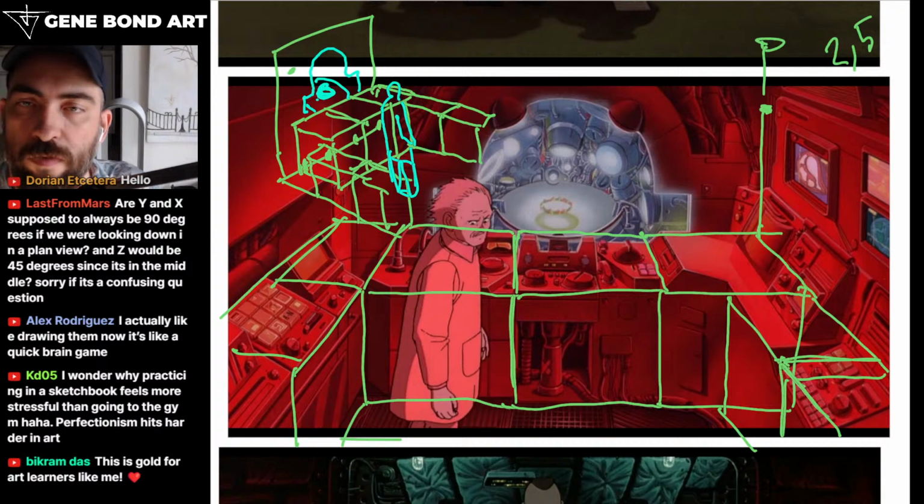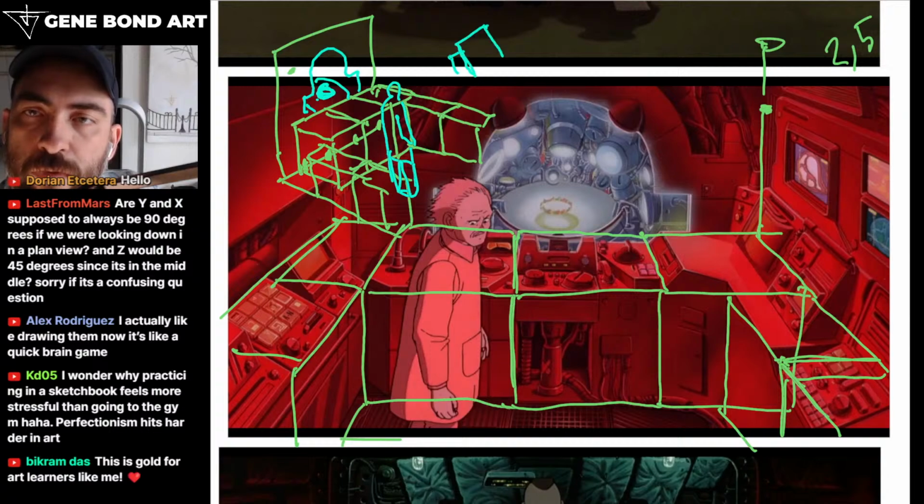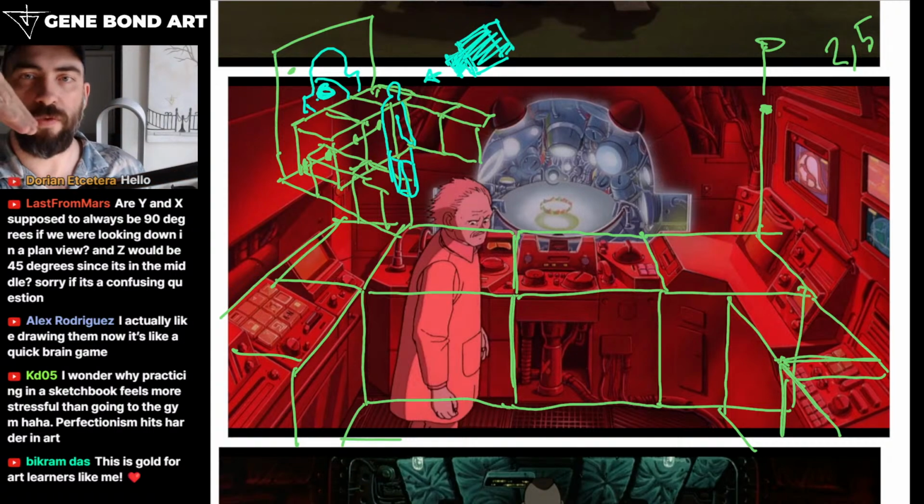It's simple, you see. So the camera is looking in this direction, 45 degrees looking down.